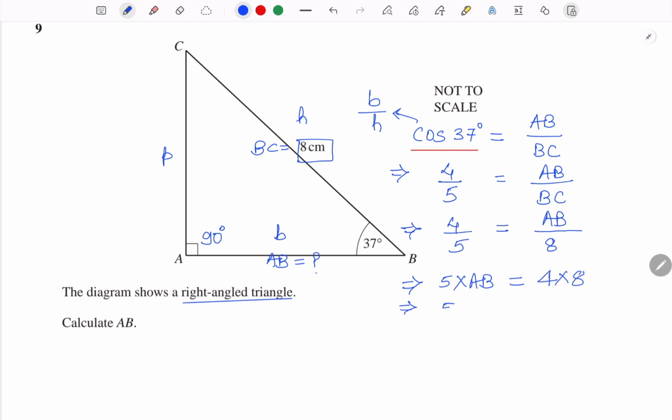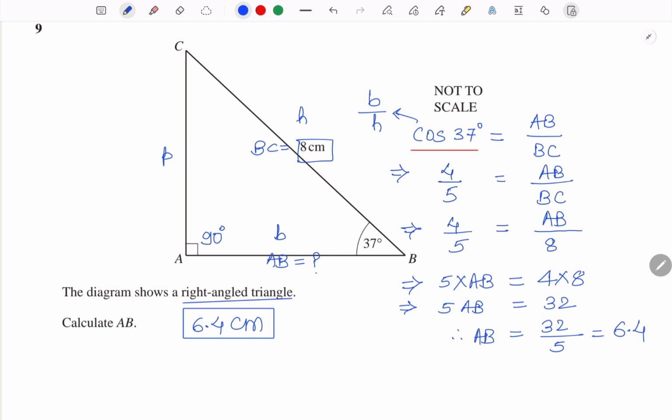This will leave me with 5AB equals to 32. Here I can write AB equals to 32 divided by 5, and since we have already taken an approximate value of cos 37, the value of AB will be 6.4 centimeters, and that is our answer for this question.